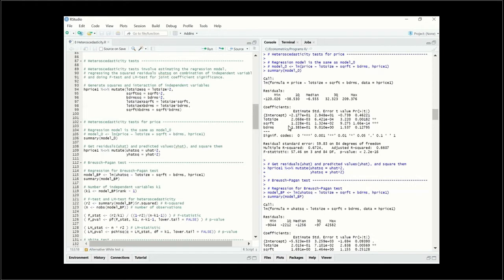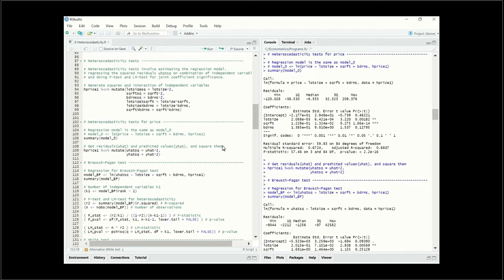Again, we have here the coefficients of this model. After we estimate the model, we're interested in getting the residuals u hat and the predicted values y hat, and then squaring them.